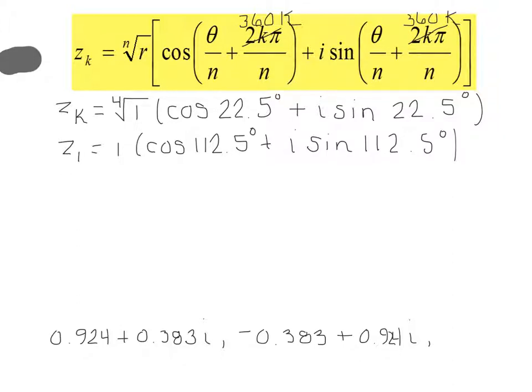My third fourth root of j, I add 90 degrees to my previous angle measure, and now I am at 202.5 degrees.